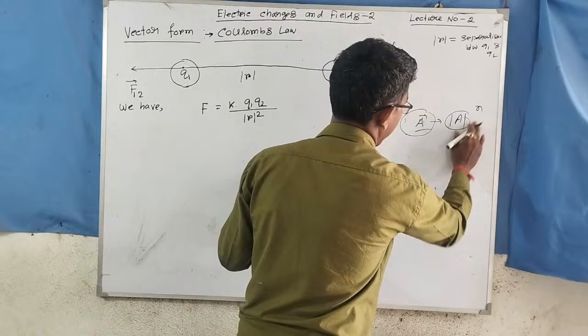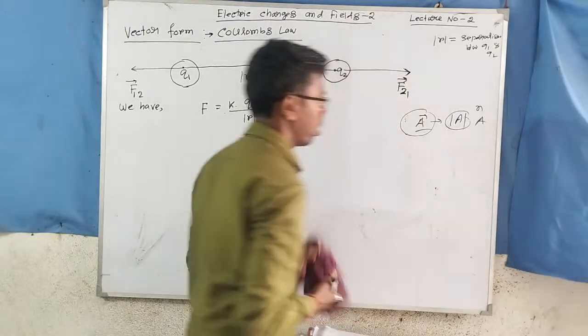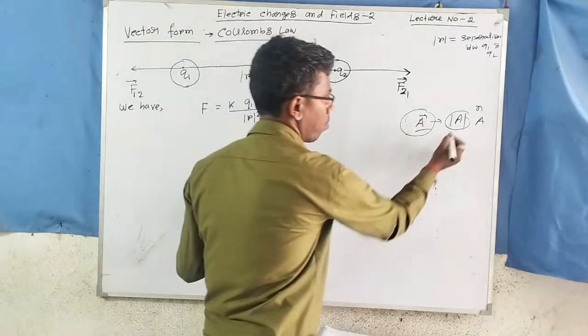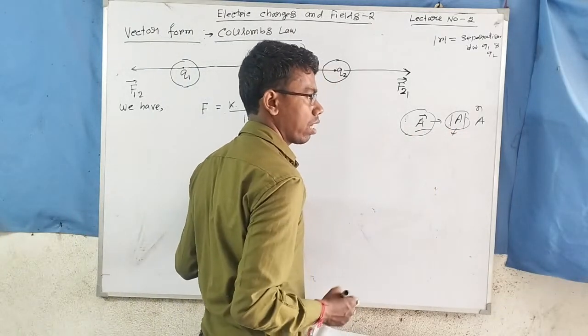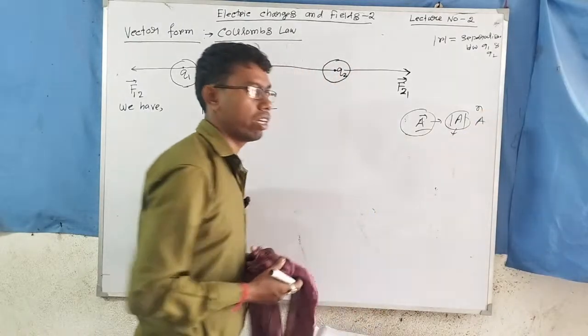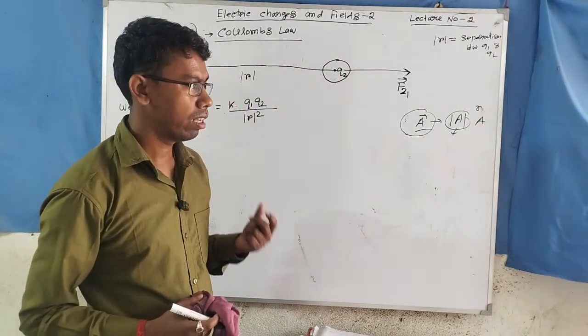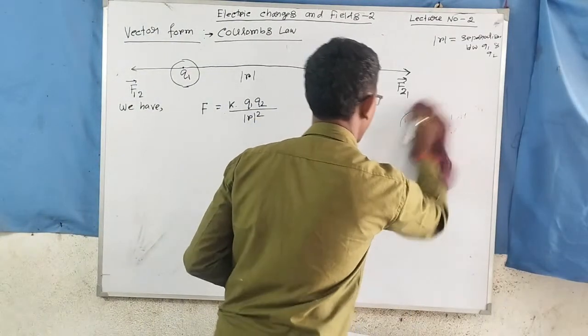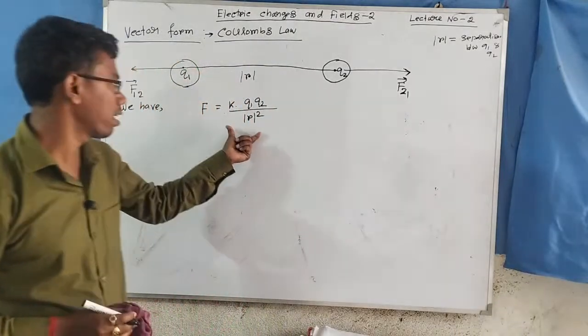Suppose a is a vector; mod of a is the magnitude or scalar value, and a cap is the unit vector, which represents the direction. So this is the scalar value or magnitude.